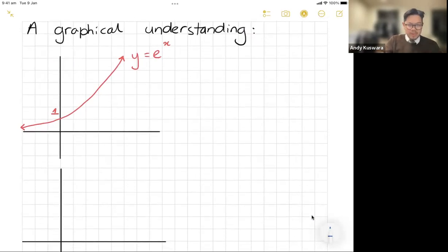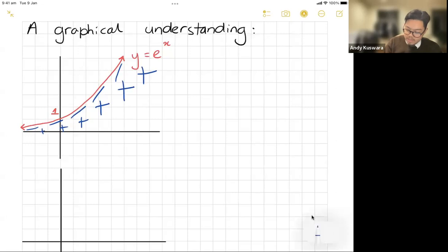So we need to look at the gradient, the gradient of the tangent. As you can see, if I was to draw tangents up in here, all the gradients of these tangents are actually positive, but you can see as it goes on, it gets steeper and steeper and steeper.